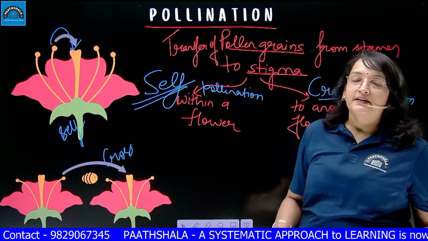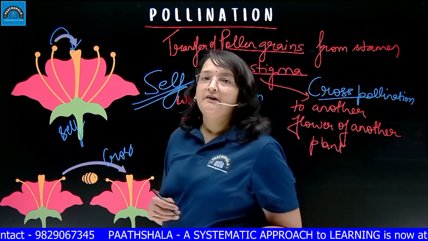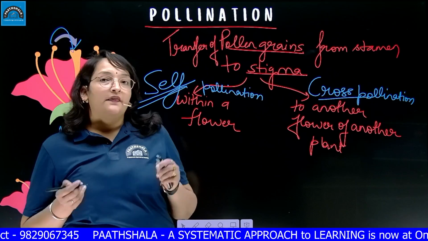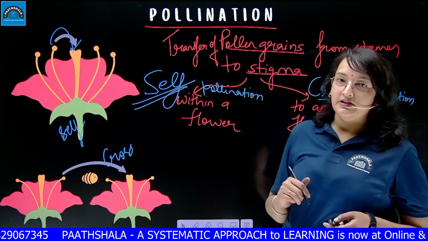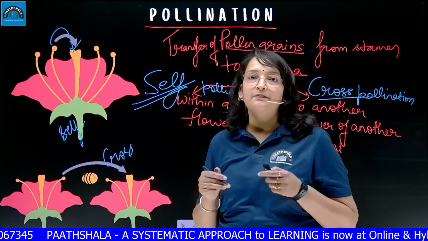Now this pollination, either self-pollination or cross-pollination, mostly requires a pollinating agent, which will help in transferring the pollen grains.